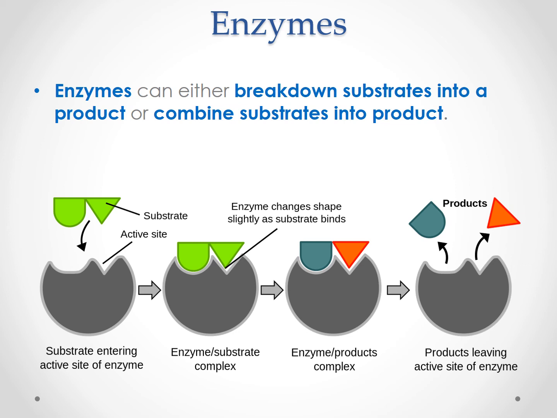You'll hear this referred to as a substrate or the reactant. In this particular case, you can see that this substrate is broken down into two separate pieces, and so that would be our product. We could have the reverse reaction where these two separate little product pieces are coming together in the enzyme and then leaving as this linked molecule. And so once again, it's not just breaking things down. Please do remember that it also puts things together.